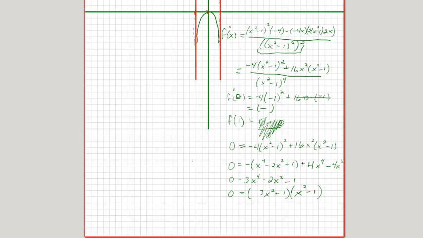Okay. So we can solve x squared equals 1, but of course that gives us our asymptotes. So that might be where our concavity changes. We'll have to be careful of that. But the other possibility is that x squared equals negative 1 over 3 from the first factor.